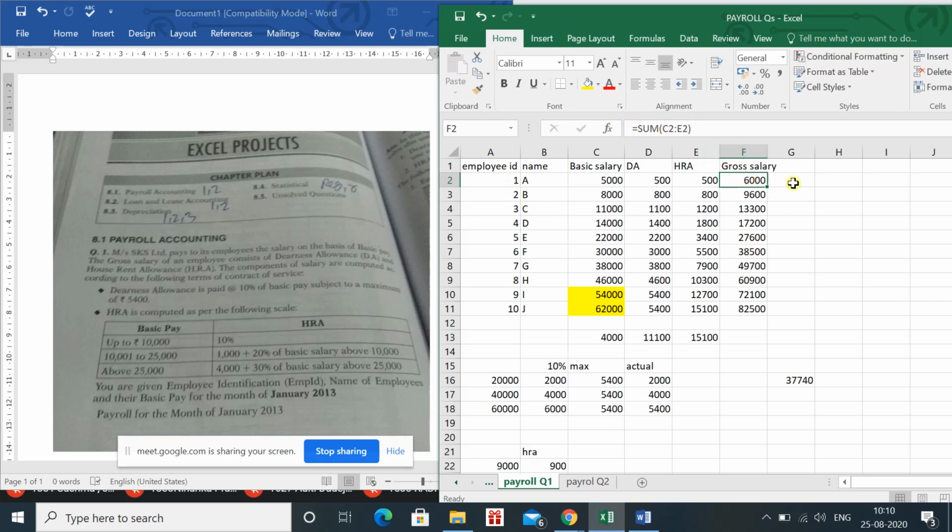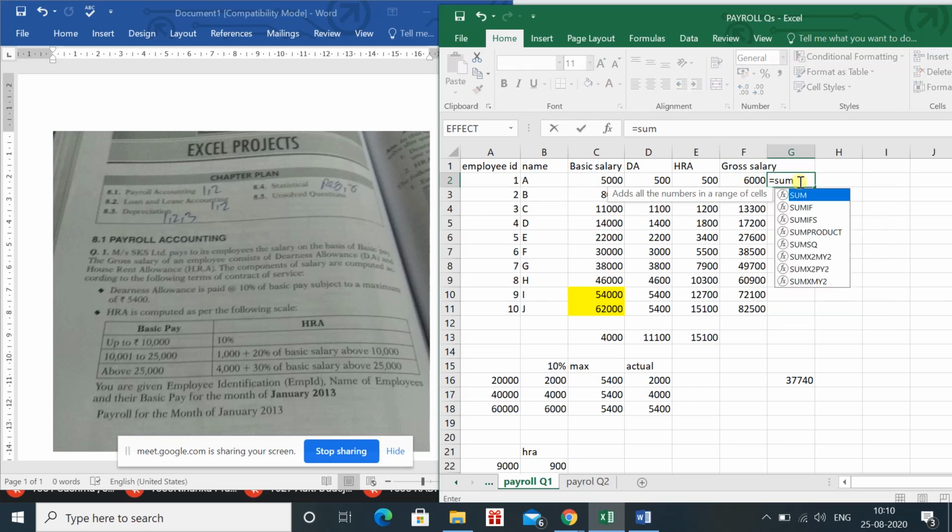Sum formula mein what you have to do, you have to just write is equal to sum. You can see when you are writing sum, it will show you all the options which are available to you, but we want to use sum. Then it will show you the formula sum, then select the number. So what I want to sum for the gross salary, basic salary.